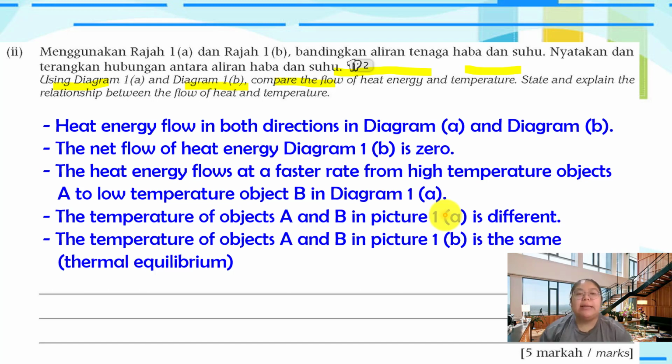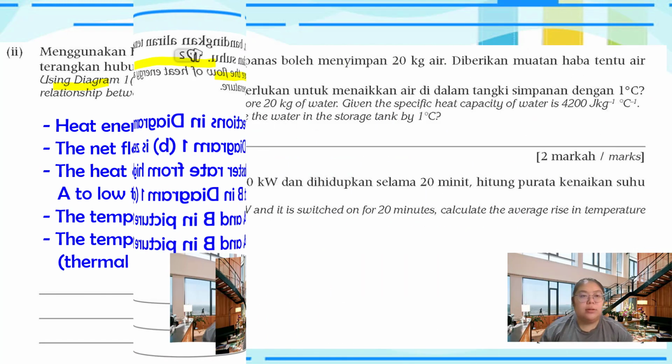You must mention heat energy transfers faster from the high temperature object A to the low temperature object B. Number 4, the temperature of objects A and B in picture 1: A is at a higher temperature, so you can say they are different. The temperature of objects A and B in figure B is the same.